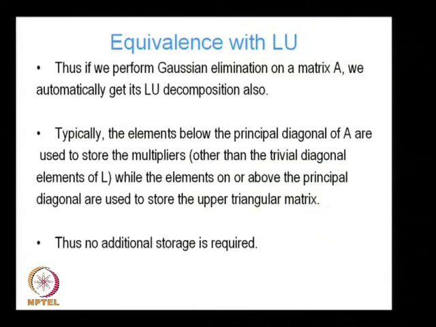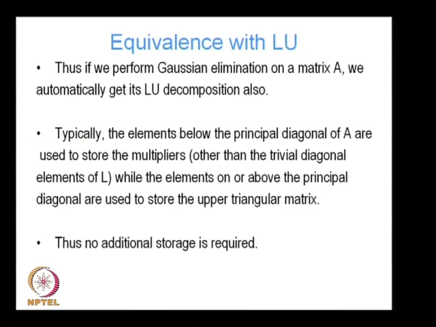Thus, if we perform Gaussian elimination on a matrix A, we automatically get its LU decomposition also. Typically, the elements below the principal diagonal of A are used to store the multipliers other than the trivial diagonal elements of L, while the elements on or above the principal diagonal are used to store the usual upper triangular matrix obtained at the end of Gaussian elimination.